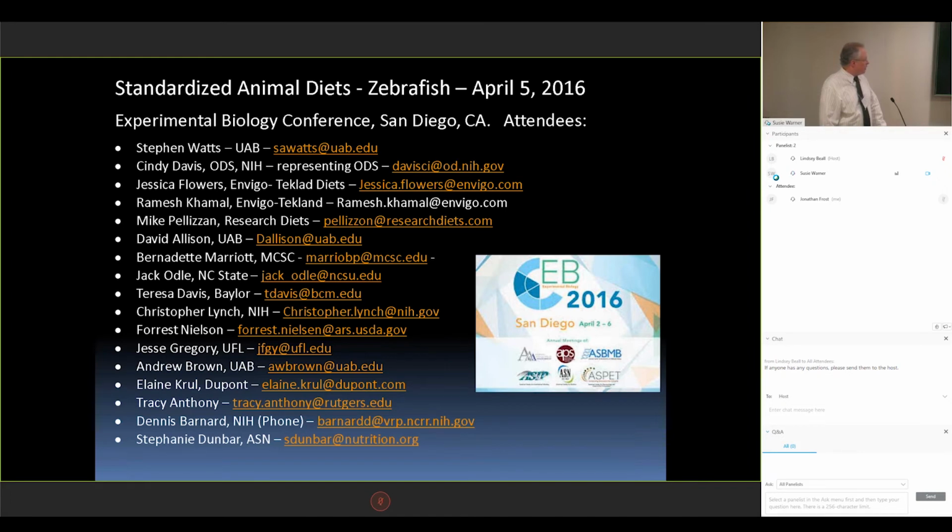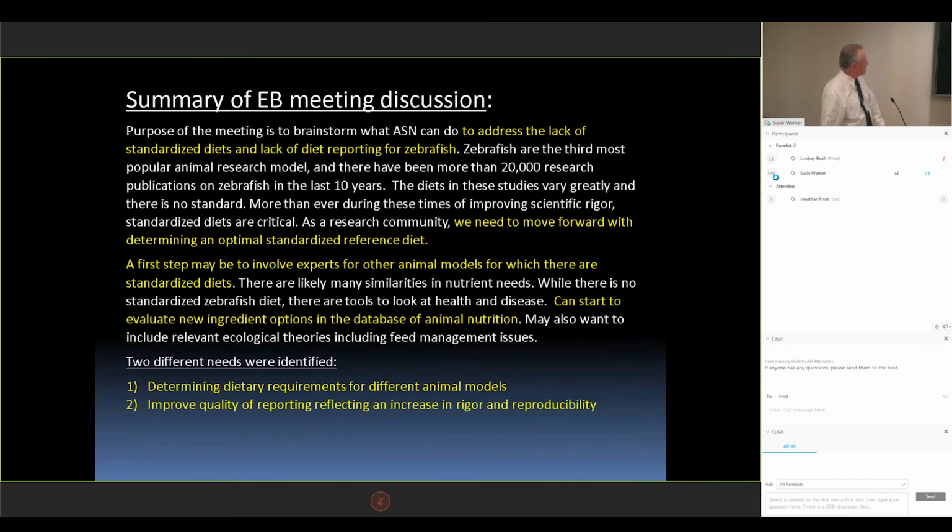Quite an eclectic group of individuals who all were very strongly interested in promoting our understanding of zebrafish nutrition, and with zebrafish also other models as well. This group met for 2 hours, and you try to get any group together for 2 hours at an ad hoc meeting, and that's a difficult task. But everyone was interested. We moved forward, and we came up with some particular recommendations.